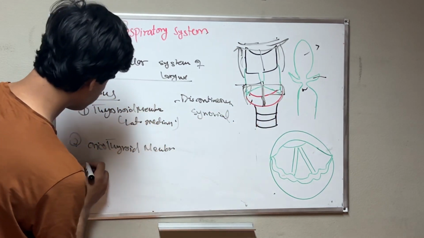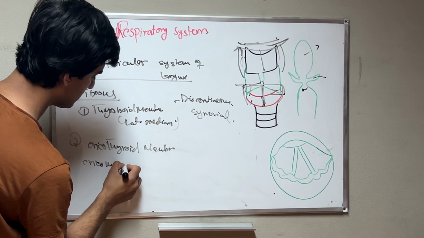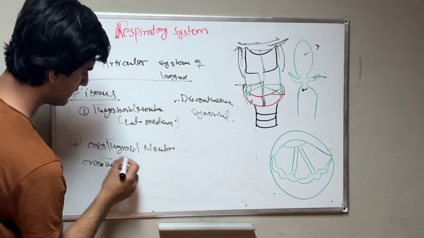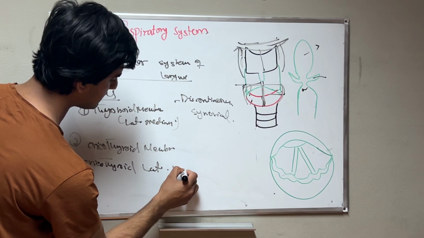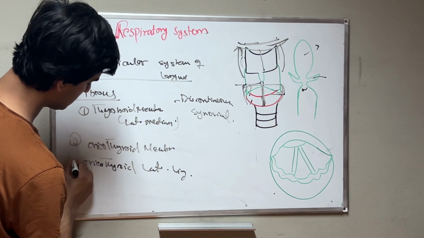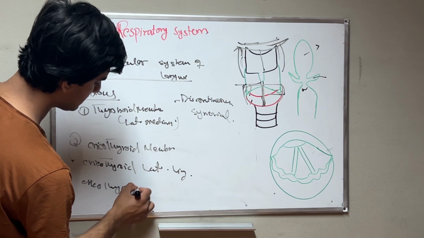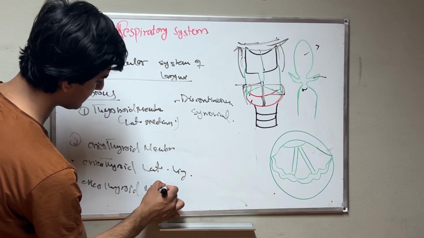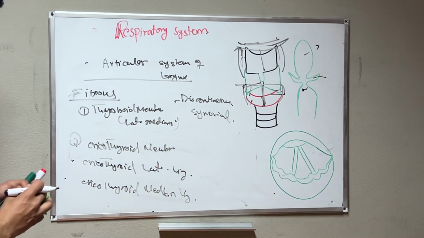Means we have the cricothyroid lateral ligament and the cricothyroid median ligament. Okay, then these two we discussed.